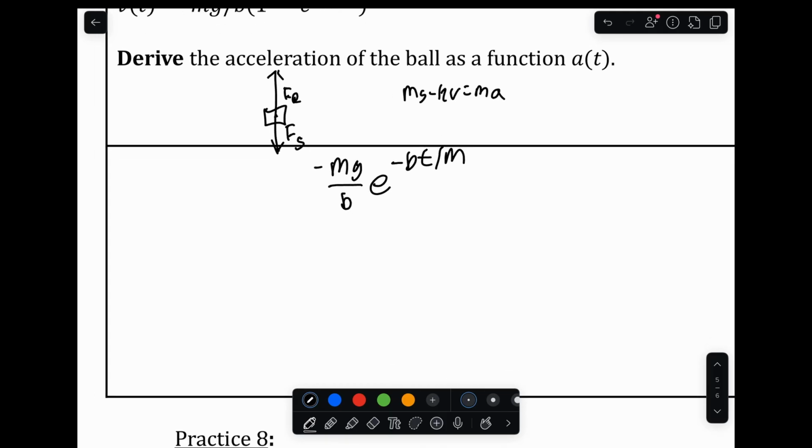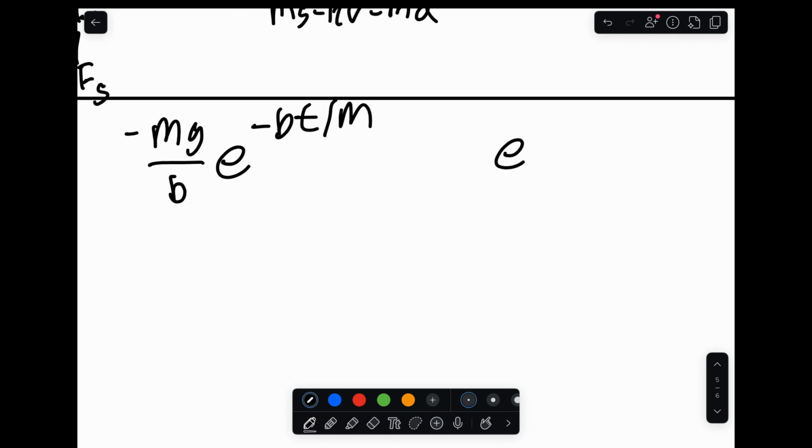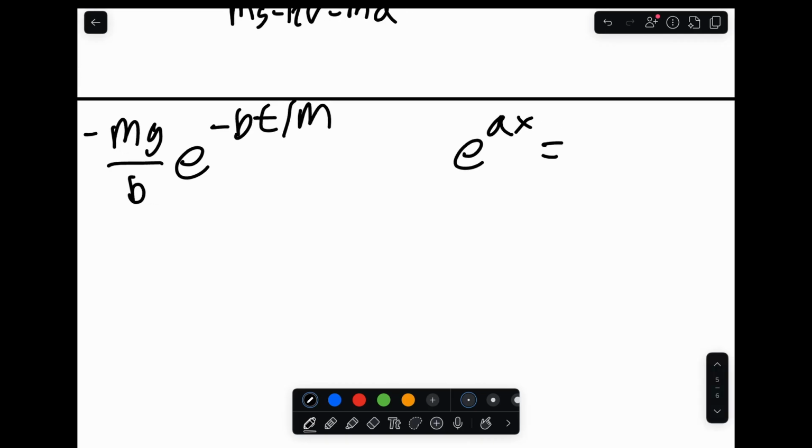Now, I'm really focusing on that, right? In this case, the derivative of e to the ax equals a e to the ax. You take the derivative of it, right?